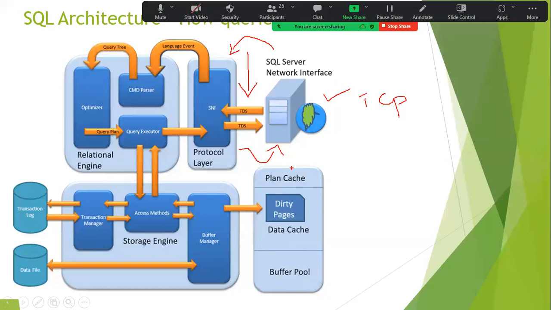The TDS packet is the smallest unit. It is sent from one location to another, from source to destination, through a network channel or network wire. How is that packet defined, like how soon will you send it to the SQL Server or the application? There is a size involved.